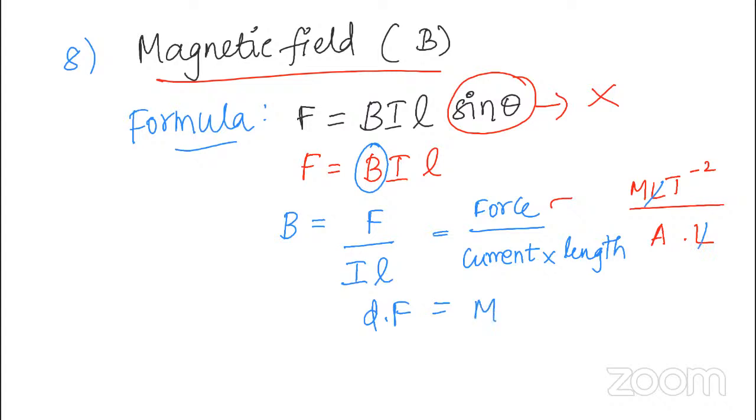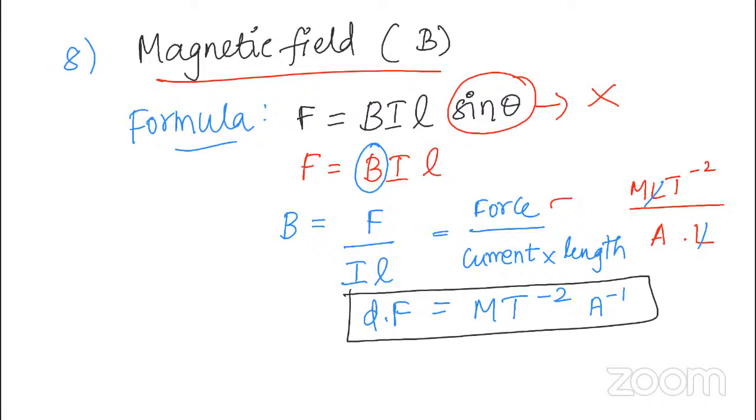M T power minus 2 into A power minus 1. So this is the dimensional formula for magnetic field. It is a very, very important one.